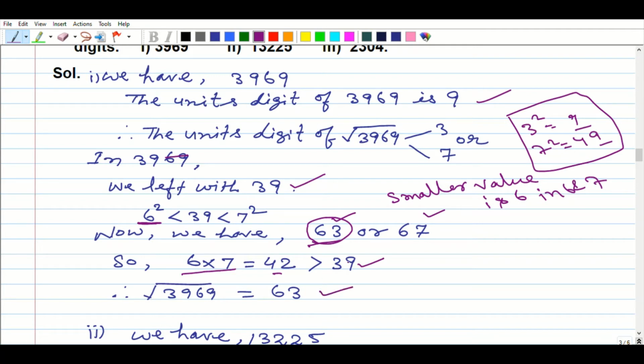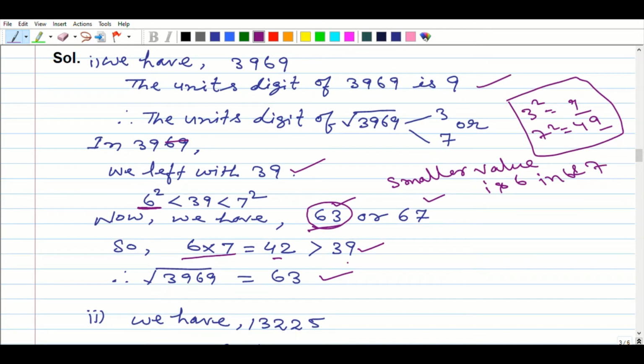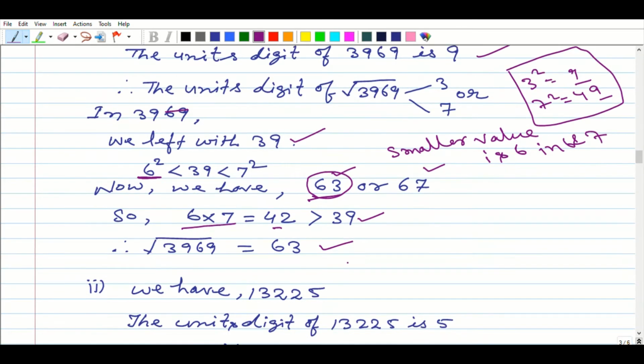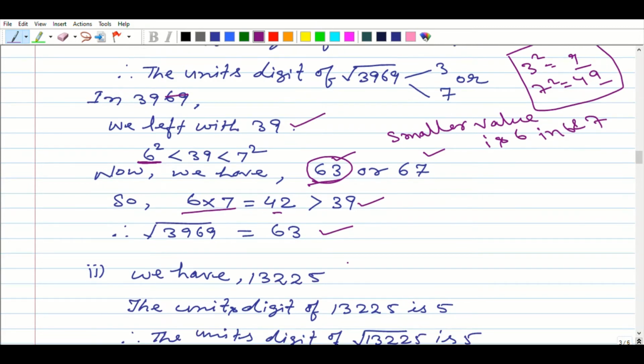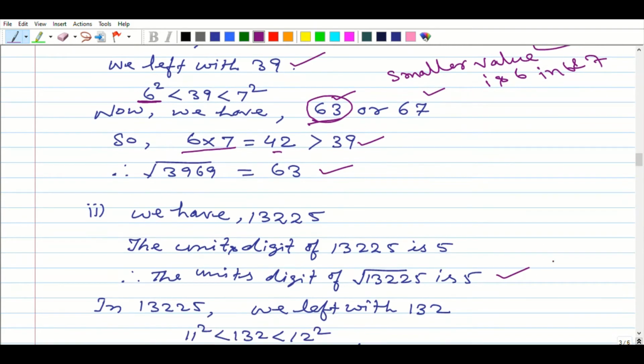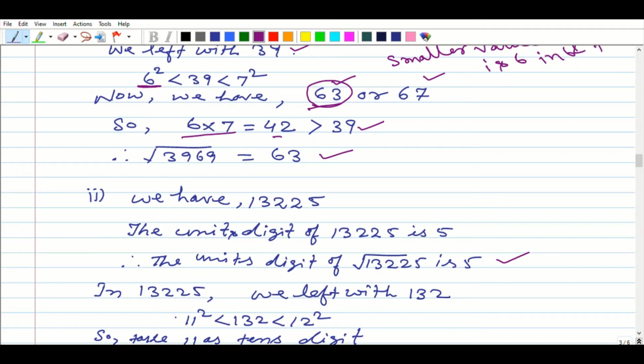In the next question, 13,225. Here the number ends with 5, so the units digit of the square root of 13,225 is 5. In 13,225 we take out 25.